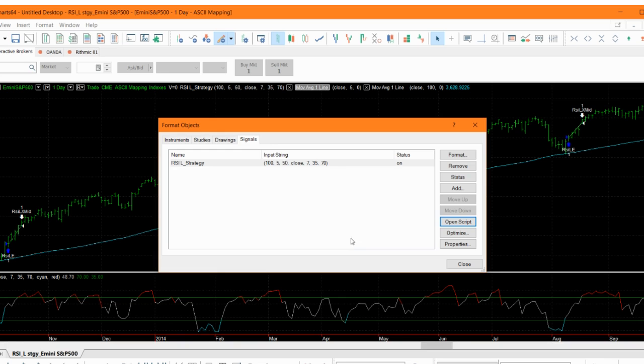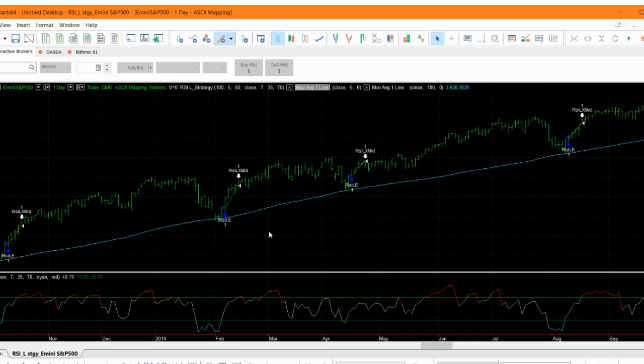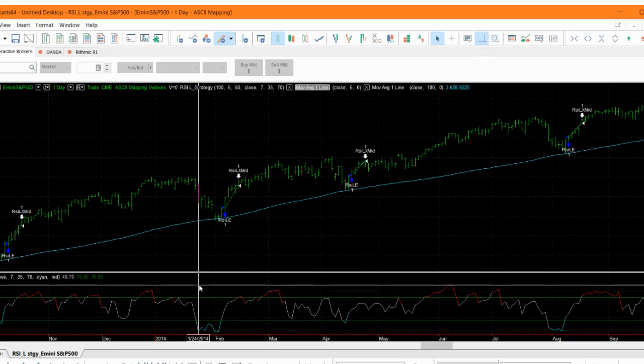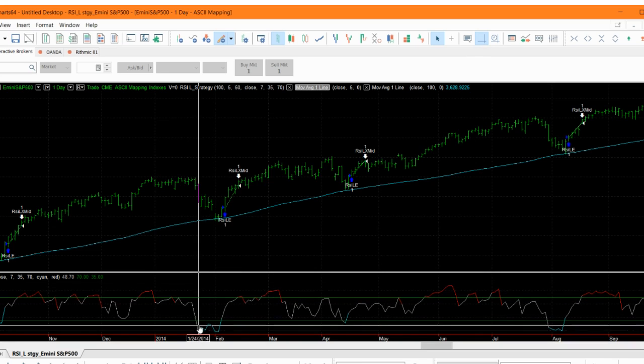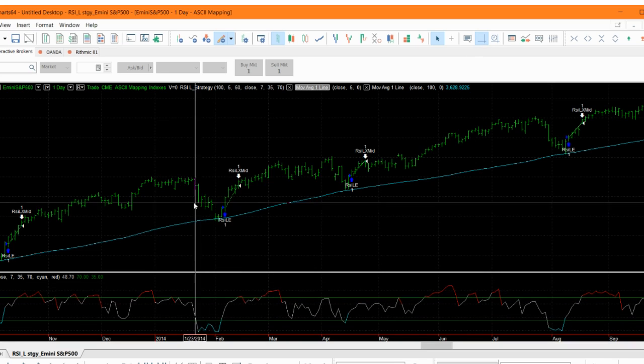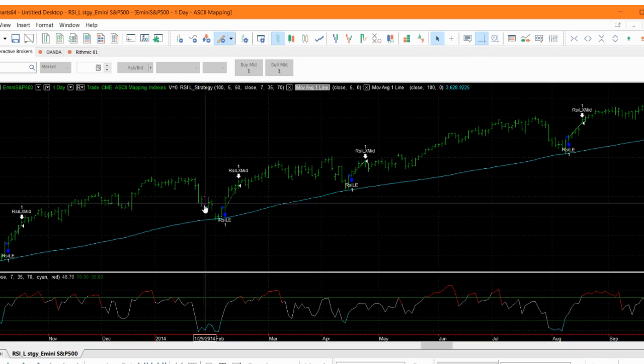If I move on to the chart, I can show you. I have inserted that strategy here. I have already mentioned that I'm not entering when the market is oversold. Here the market is oversold. This is the place where the price is oversold, but I'm not entering here.